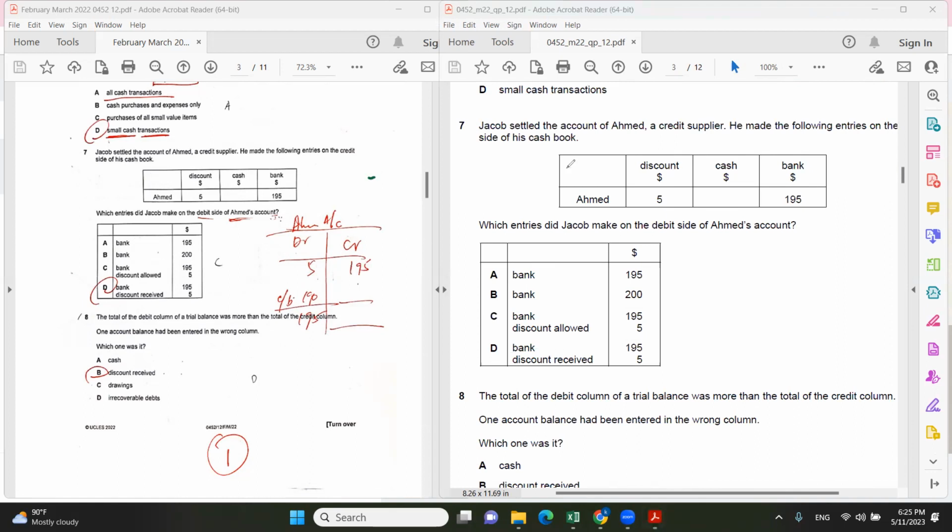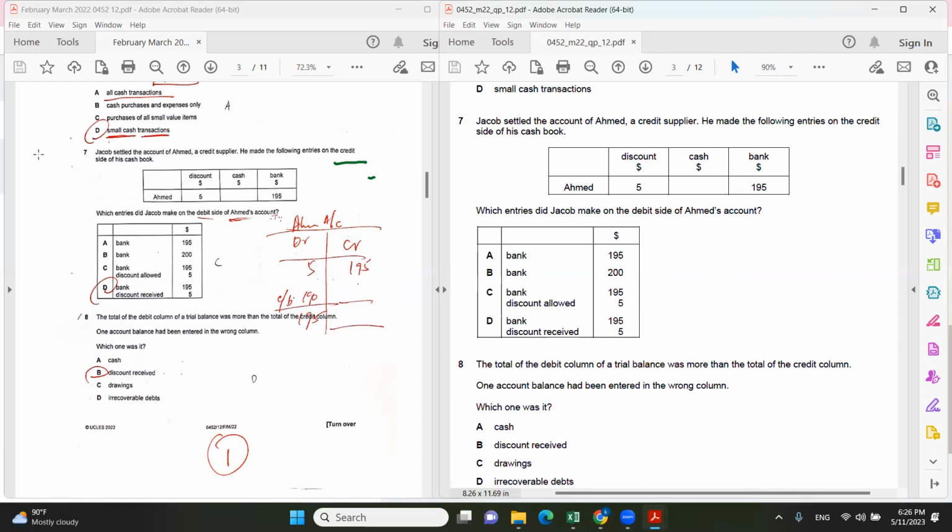Question 7. Jacob settled the account of Ahmad, a credit supplier. He made the following entry in the credit side of his cash book.